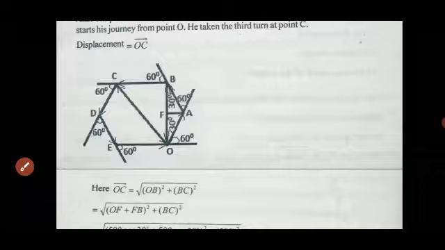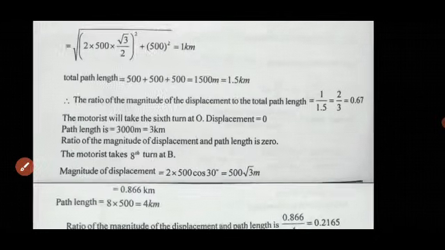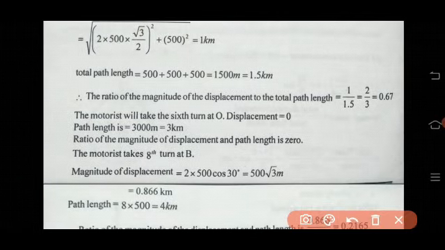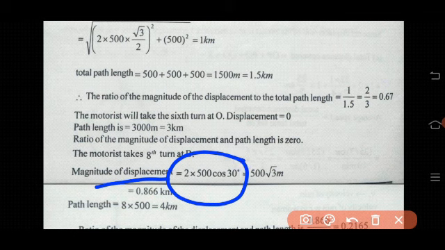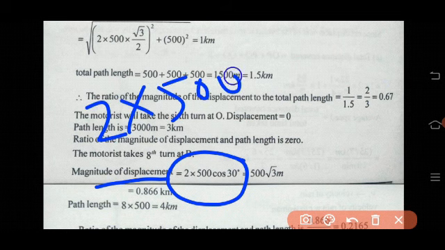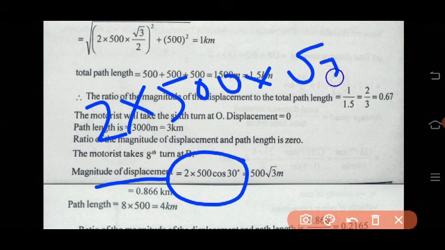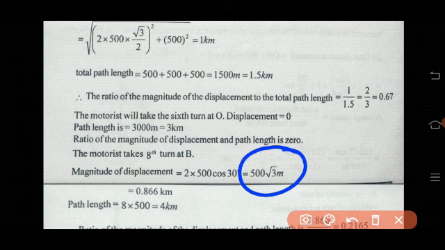So the magnitude of displacement is 2 times 500 into cos 30. What is cos 30? Root 3 by 2. So the 2 gets cancelled and you will get the answer as 500 into root 3.